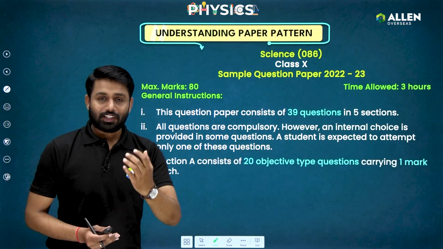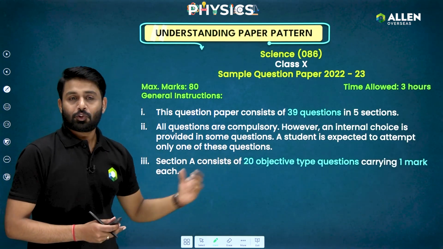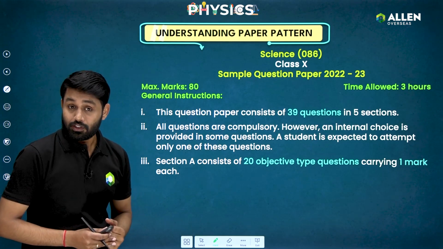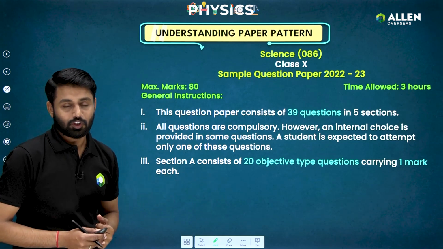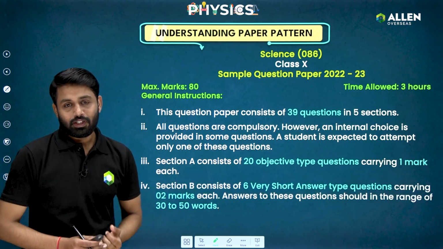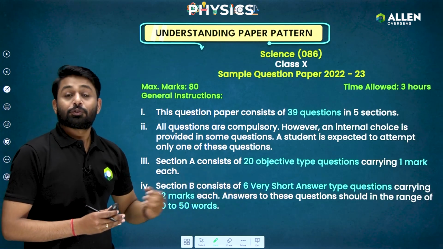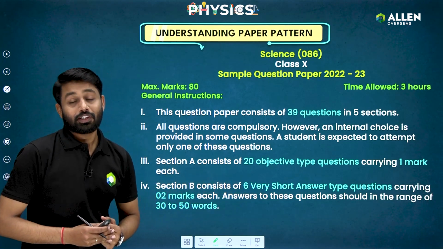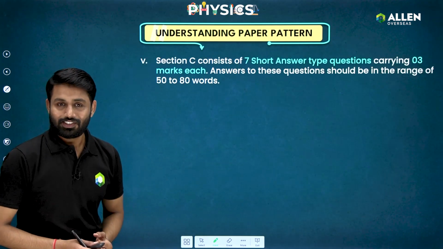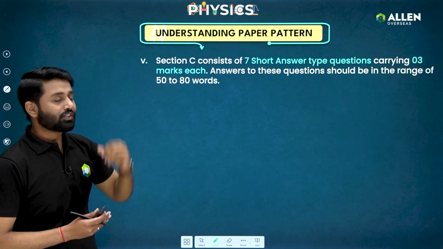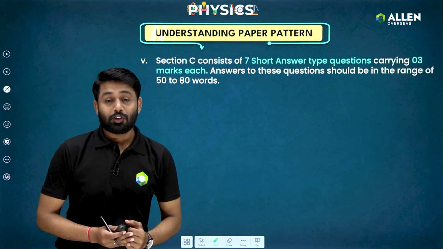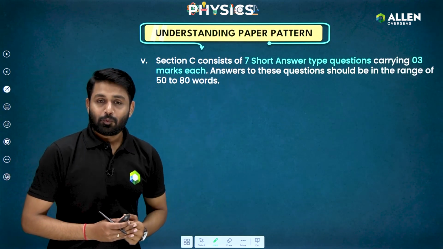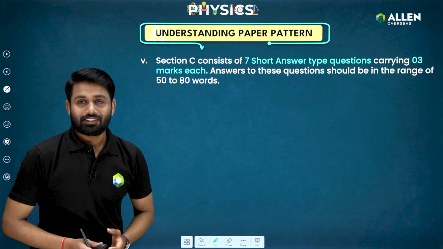Section A consists of 20 objective type questions carrying 1 mark each. Section B consists of 6 very short answer type questions carrying 2 marks each. Section C consists of 7 short answer type questions carrying 3 marks each.